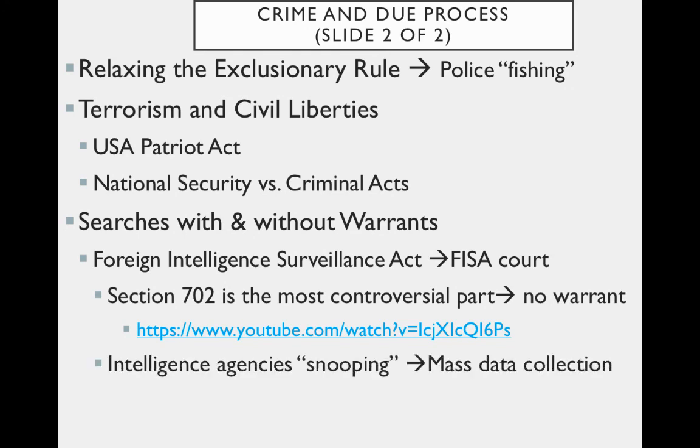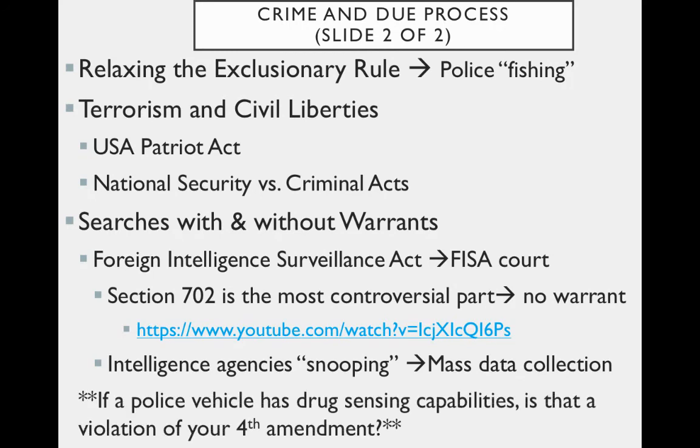That dealt with intelligence agencies snooping and the mass data collection I was talking about. Here's a question that has come up recently, because I think the University of Colorado created a drug sensing capability where they could put something on the front of a car, and if that car drove around a neighborhood, this machine, not the cops, could sense which buildings or areas had drugs inside of them.